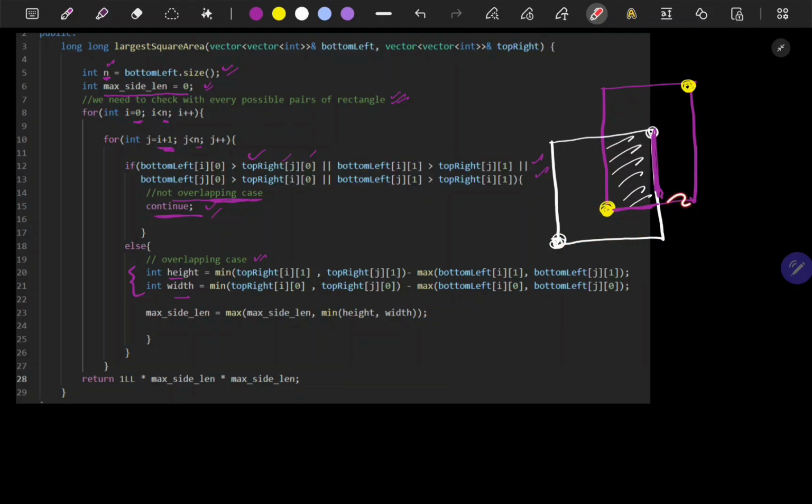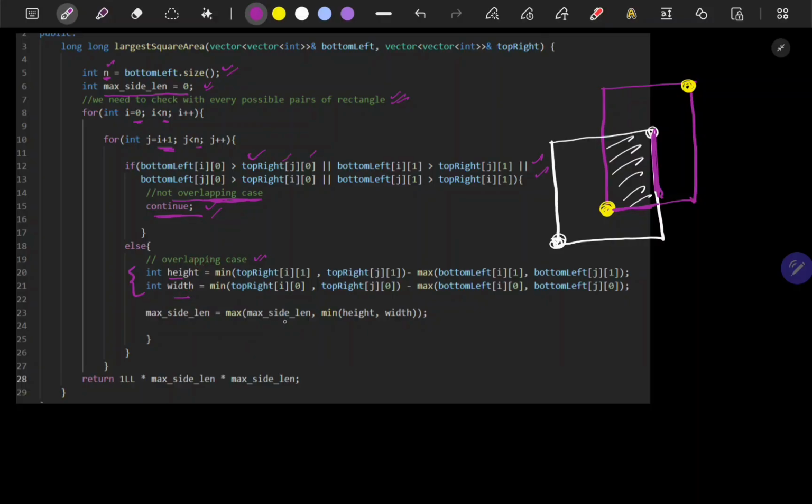For this also, out of these two we will take the minimum of x, the top right i 0, x, both minimum. And from these two we will take the maximum of x. So 0 and 0 maximum we will take, and then subtract this from this, and we will get this length. So we'll get height and width in this way.